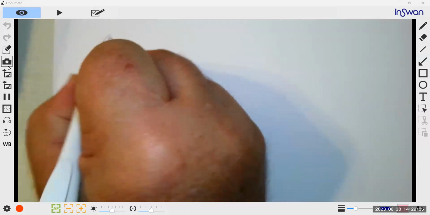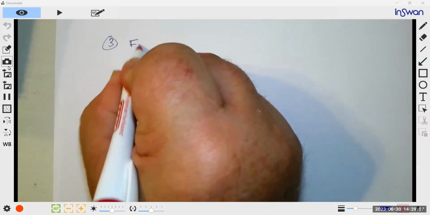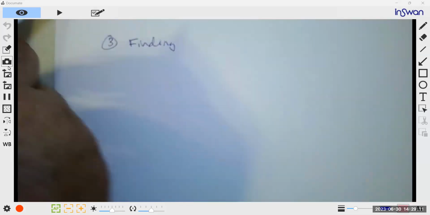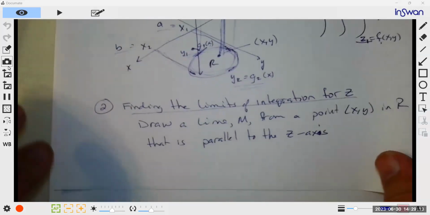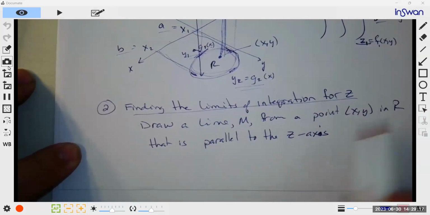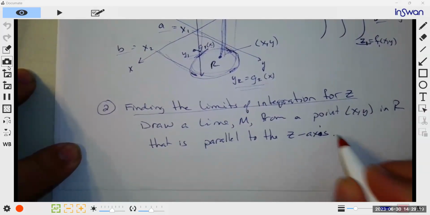All right, now let's look at what happens for the next variable. Number 3. Let me finish writing this out. Draw a line M from a point R that is parallel to the axis.